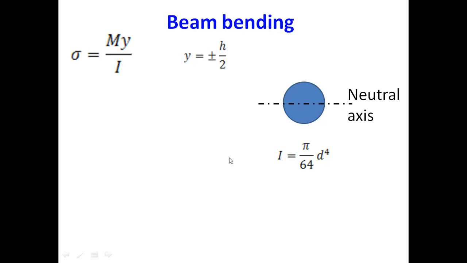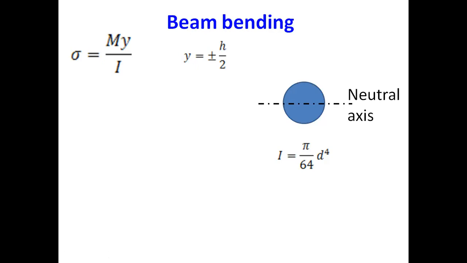So as I discussed, the second moment of area depends upon what? It depends upon the shape of the cross section, whether it is rectangular, square, triangular, circular, irregular, channel.